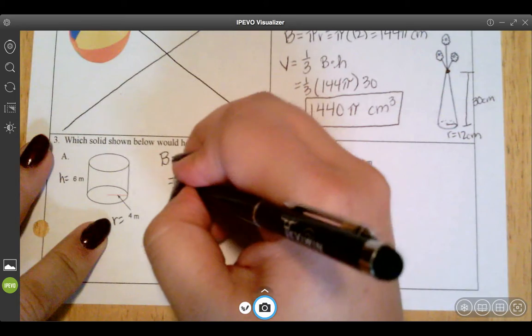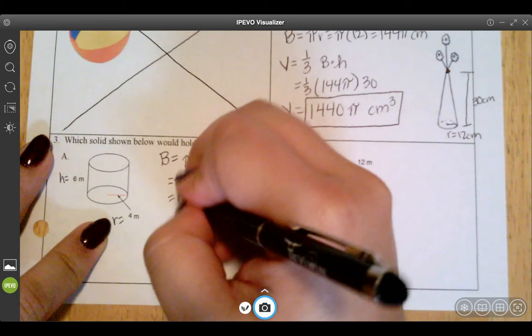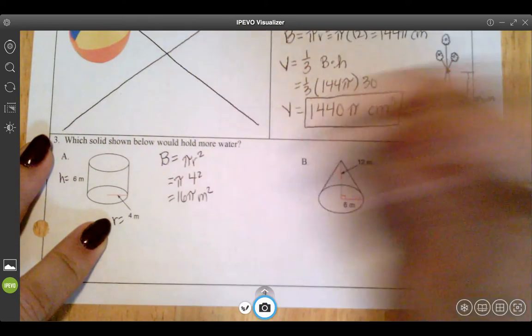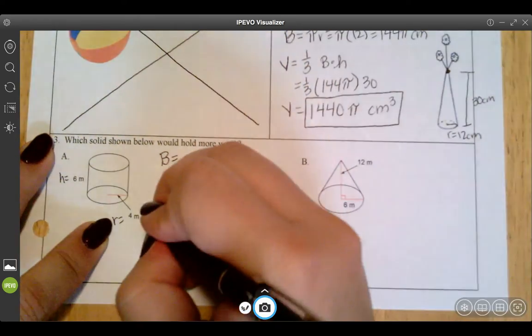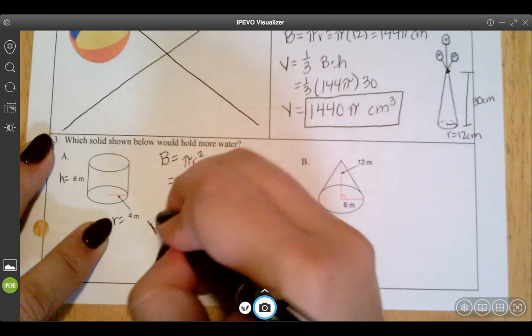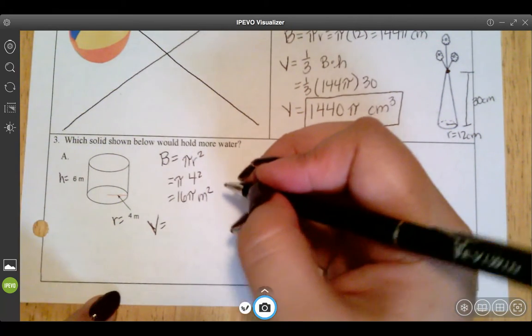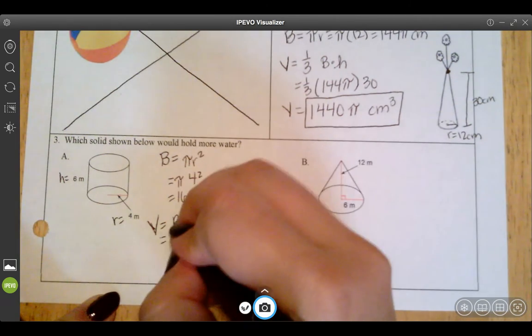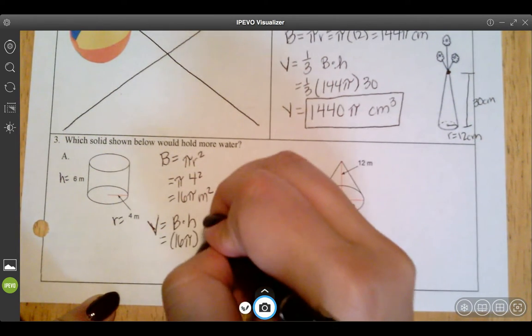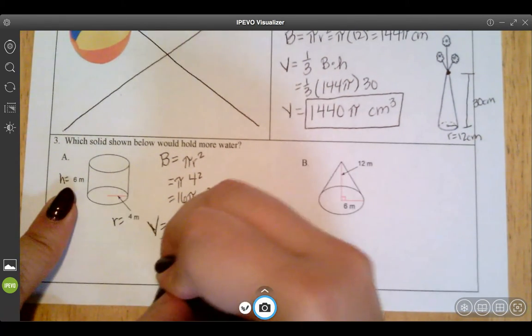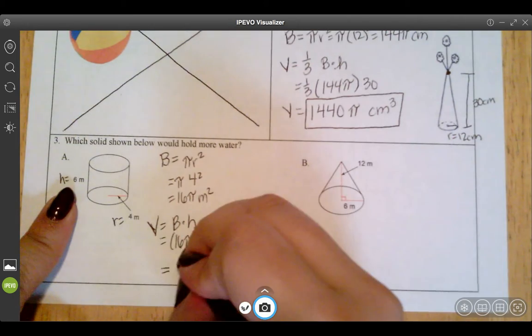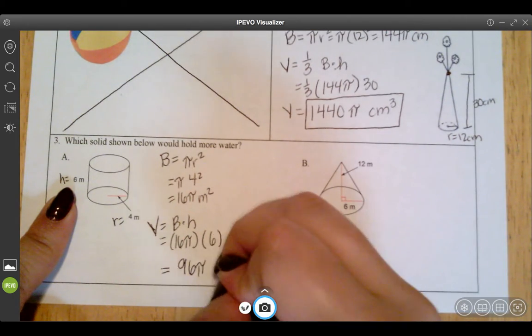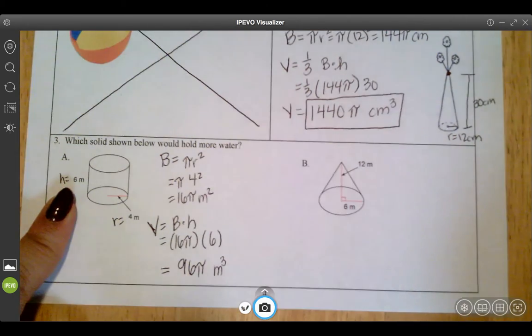So that's pi times 4 squared, giving us 16 pi squared meters. But we don't want the base, we want the volume. Volume here, 2 bases, so no 1/3, just base times height. Our base is 16 pi times the height of 6, giving us a volume of 96 pi cubic meters.